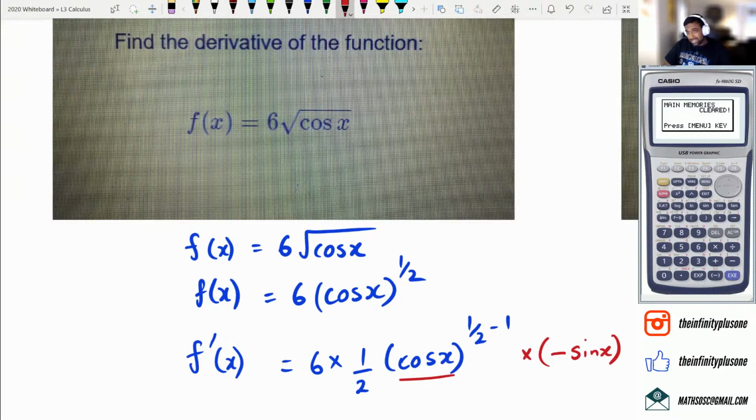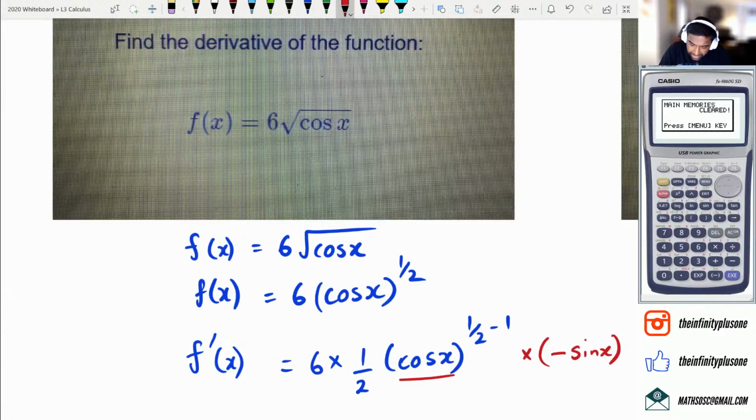Some people have asked me: can I leave my answer like this? There's nothing wrong with leaving your answer like this, because in differentiation, they don't give you any extra marks if you simplify the answer further. You could just leave this question as is.